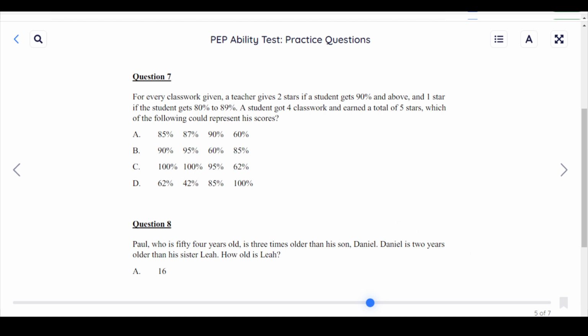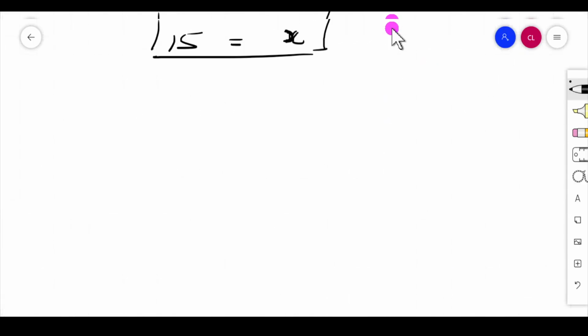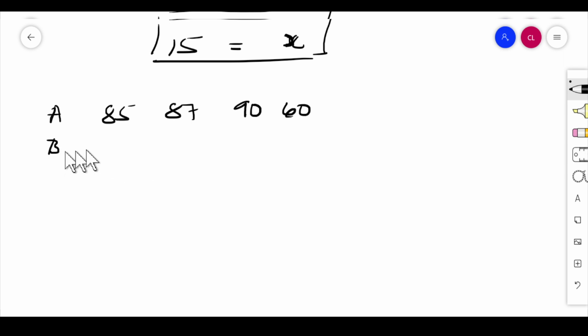All right, so let's go over to the whiteboard and we need to set this out. For option A, they said 85, 87, 90, 60. For B, they said 90, 95, 60, and 85.